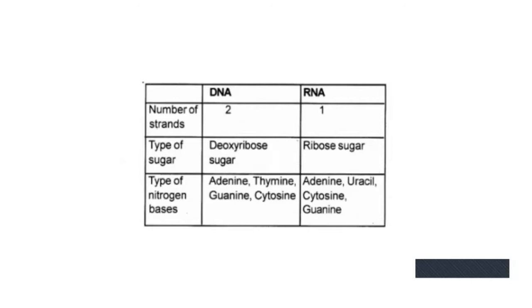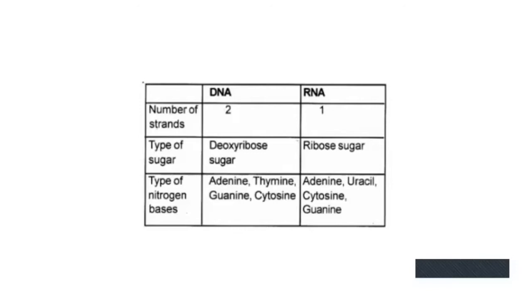The number of strands in DNA is 2. You have seen the double helical structure of DNA. As compared to RNA, RNA has only a single strand. So DNA is double stranded and RNA is single stranded.